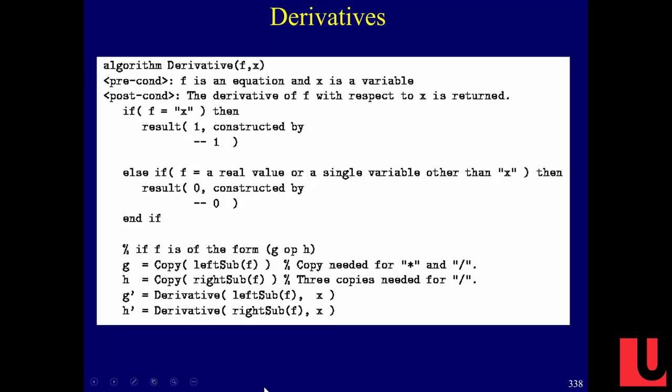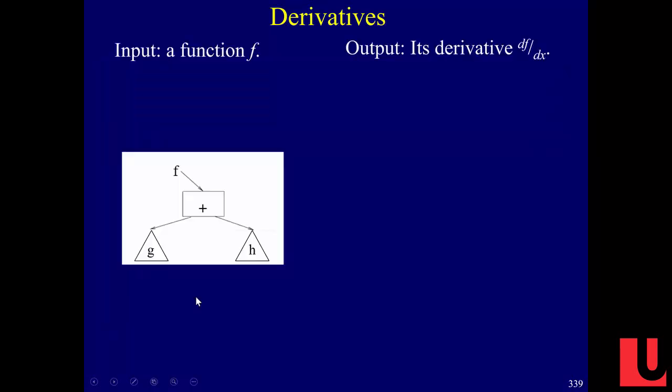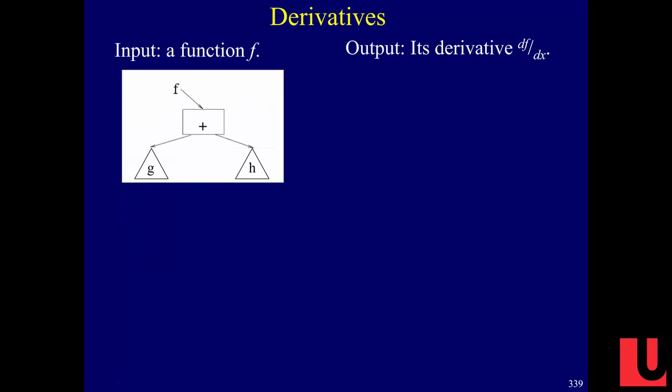So in order to get our own derivative, we will recursively copy the left subtree and recursively copy the right subtree, and then we'll recursively take the derivative of each.